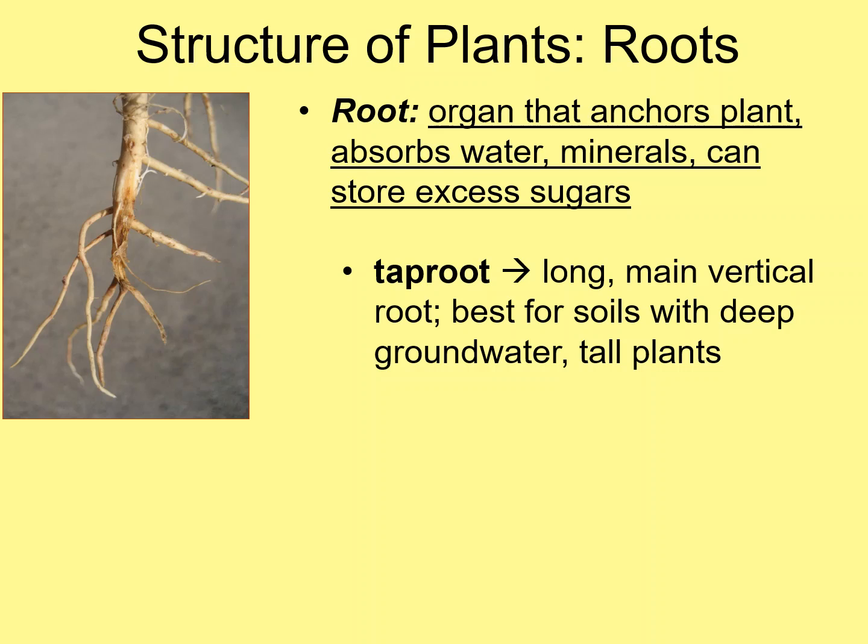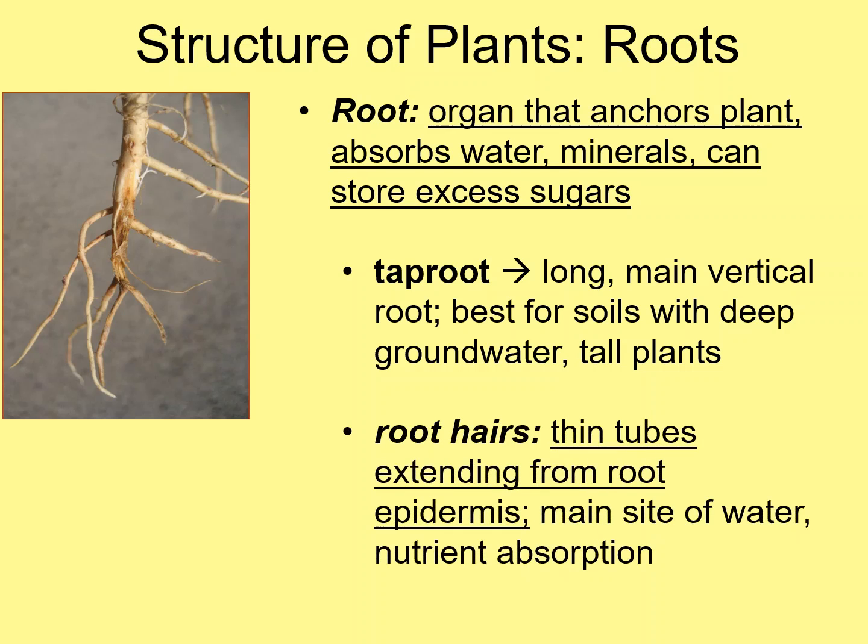So you may get a very long, skinny root like we see here, which is going straight down, going deep into the soil, going for the groundwater. This is great for plants that are planning on getting very, very tall. You have a nice deep anchor with all of the lateral roots that we see here in this photograph. And in our very young plants, generally we see root hairs.